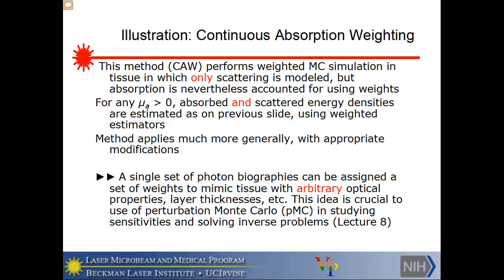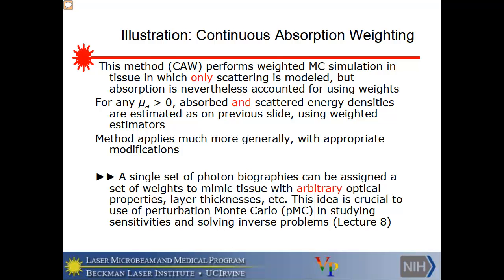So here we have a single set of photon biographies that can be assigned a set of weights to mimic tissue with arbitrary optical properties, layer thicknesses, and so on. And this idea is very crucial to the use of perturbation Monte Carlo, which is studied later in lecture 8. Here the idea is that you're estimating a lot of quantities from a single set of biographies by changing the weights.